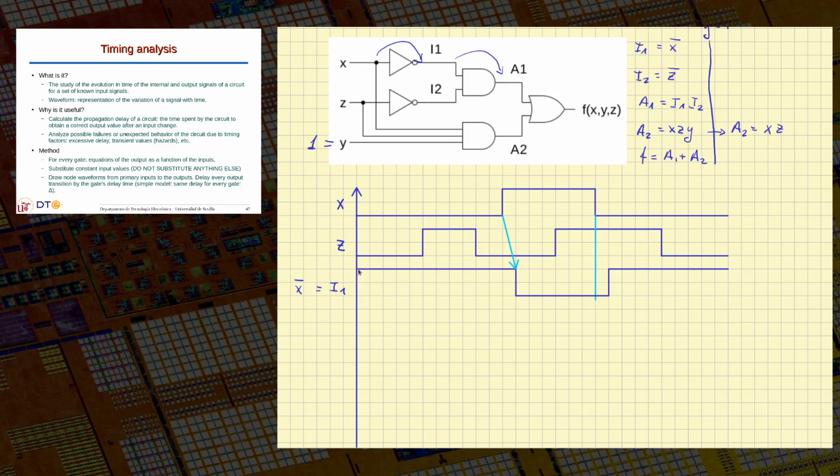This initial value of 1 supposes that x has been 0 for some time before what I have plotted here. But if we don't really know what happened before this time, then I cannot know what happened with I1 up to a delta time after the initial value of x.